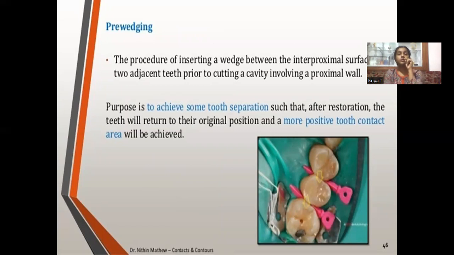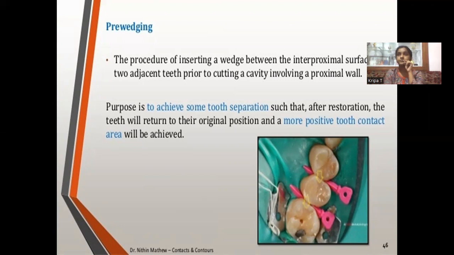Next important point is pre-wedging. It is a procedure of inserting a wedge between the interproximal surfaces of two adjacent teeth prior to preparing a cavity involving the proximal wall. The purpose here is to achieve some tooth separation such that after restoration, once the teeth return to the physiologic position, there is more positive tooth contact.